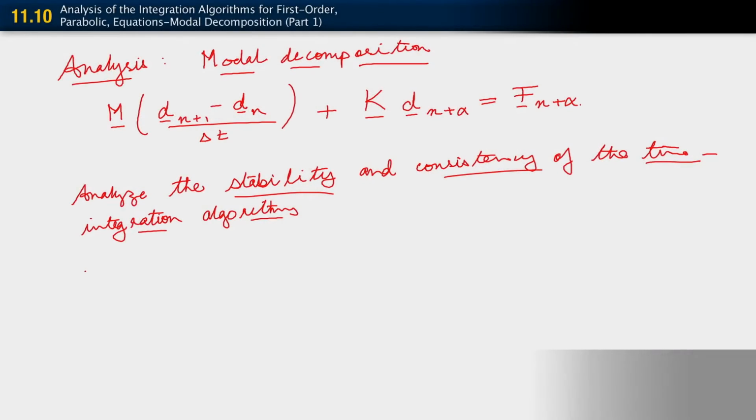So what we will look at is the homogeneous ODE.